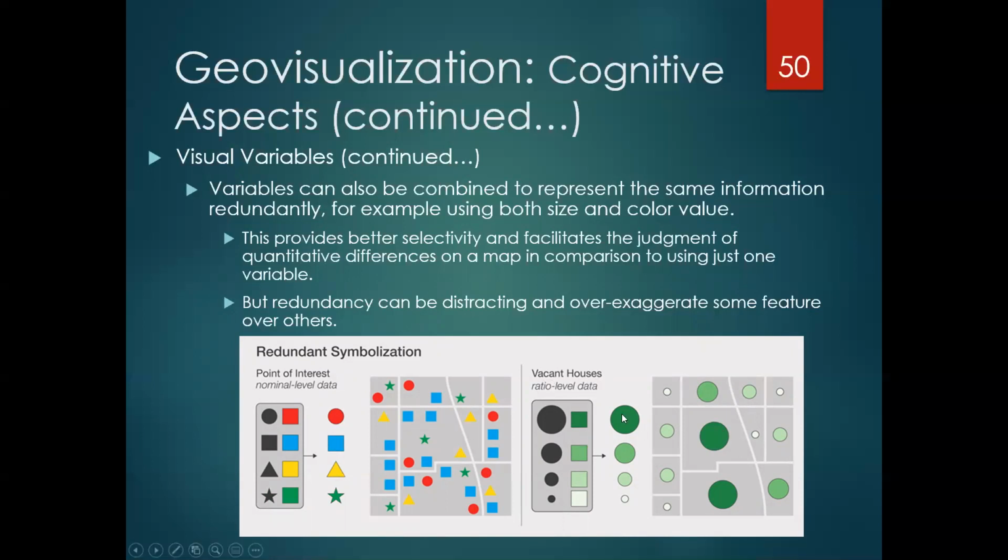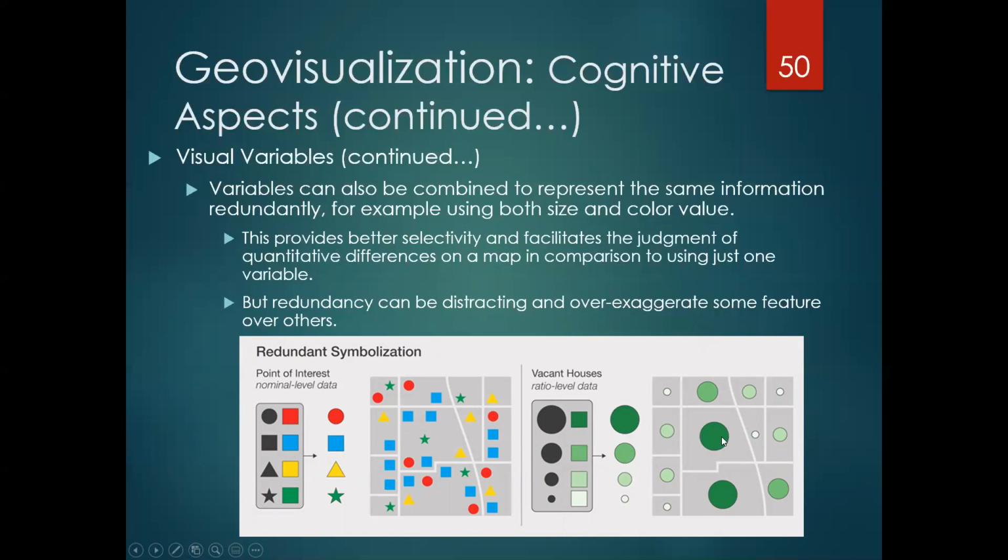We have dark green, a light green, even lighter green, until I cannot say if it's extremely light green or just white. The second variable is the size of the circle. The larger the circle, the higher the percentage of vacant houses, and also the darker the green, the higher the percentage of vacant houses within that block.